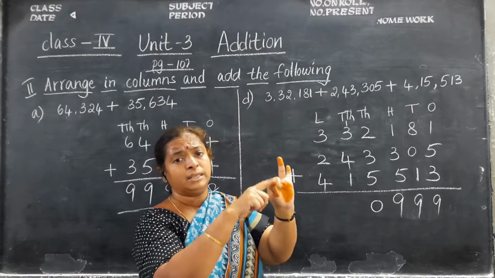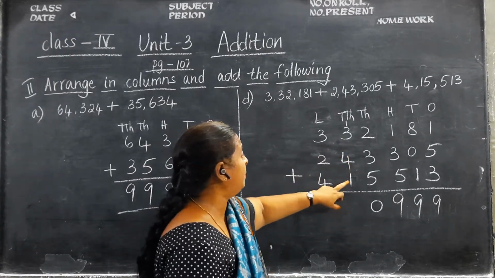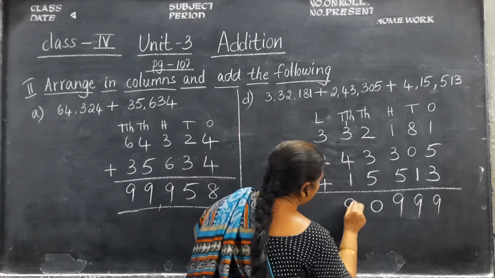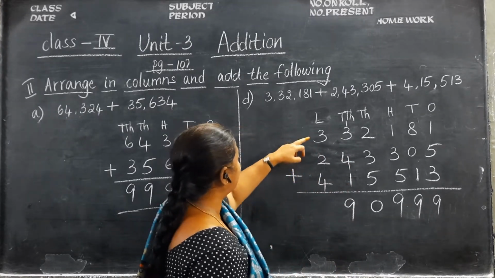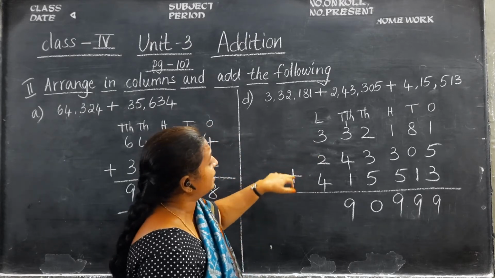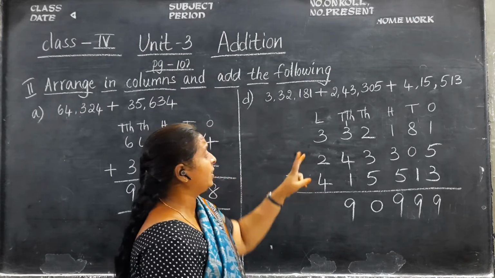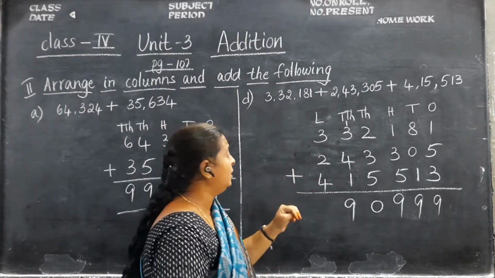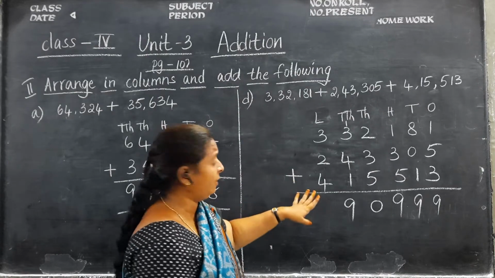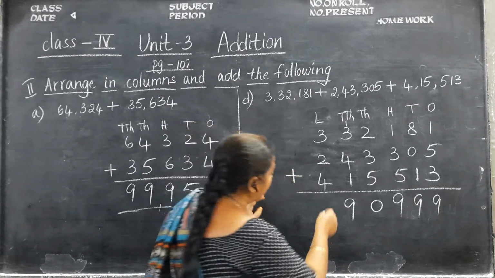After 4, 5, 6, 7, 8, 9. 8. 8 plus 1, 9. Last column: 3 plus 2 plus 4. 3 put in your mind, take 2 fingers. After 3, 4, 5. 5 put in your mind, take 4 fingers. After 5, 6, 7, 8, 9.